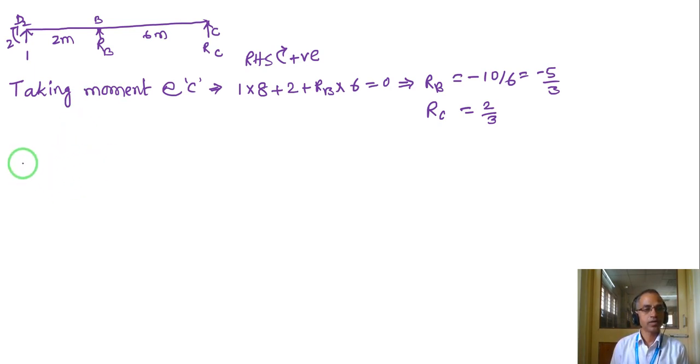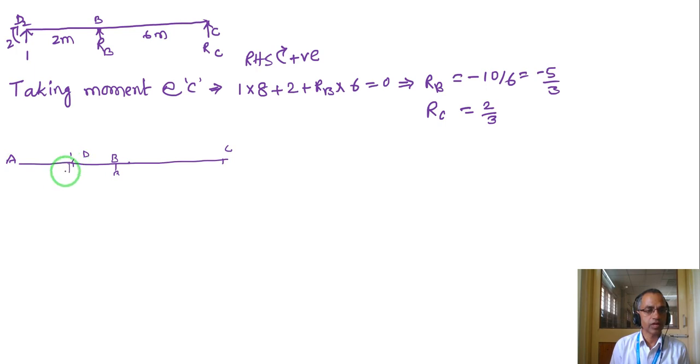So what happens? If this is my beam, this is A, and this is section D, this is point B, and this is the point C. What I am doing at point D is applying a shear.